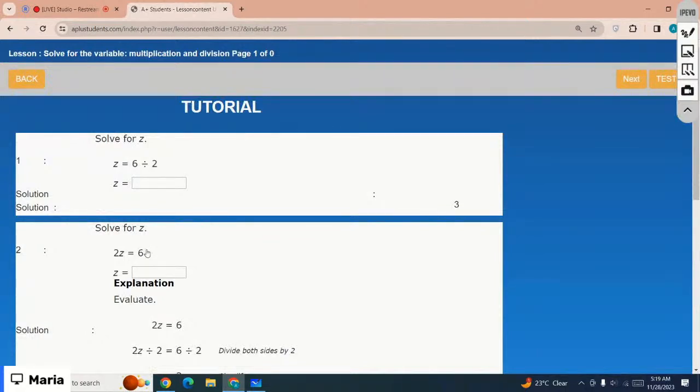Okay, solve for z. z equals 6 divided by 2. You need to divide 6 by 2. You need to count the table of 2 until 6. So which is the correct option?